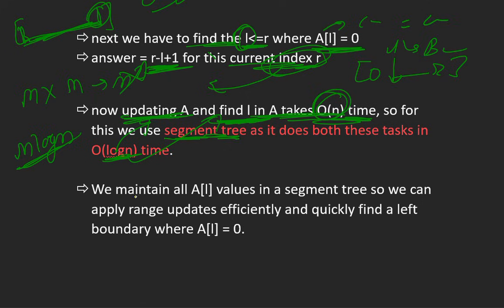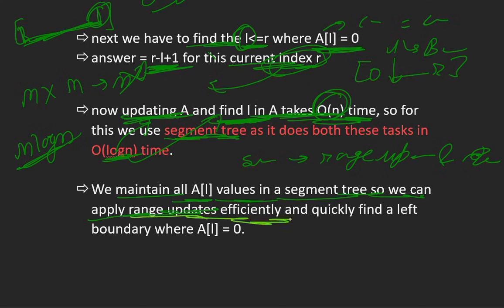We maintain all a of L values in a segment tree, so we can apply range updates. As you all know, a segment tree works well for range updates and range queries, right? So that's why we have used it.